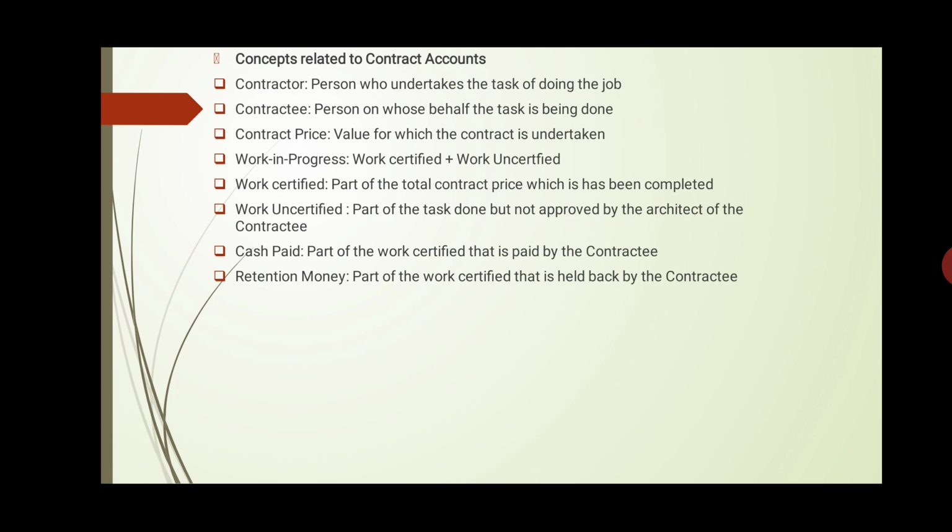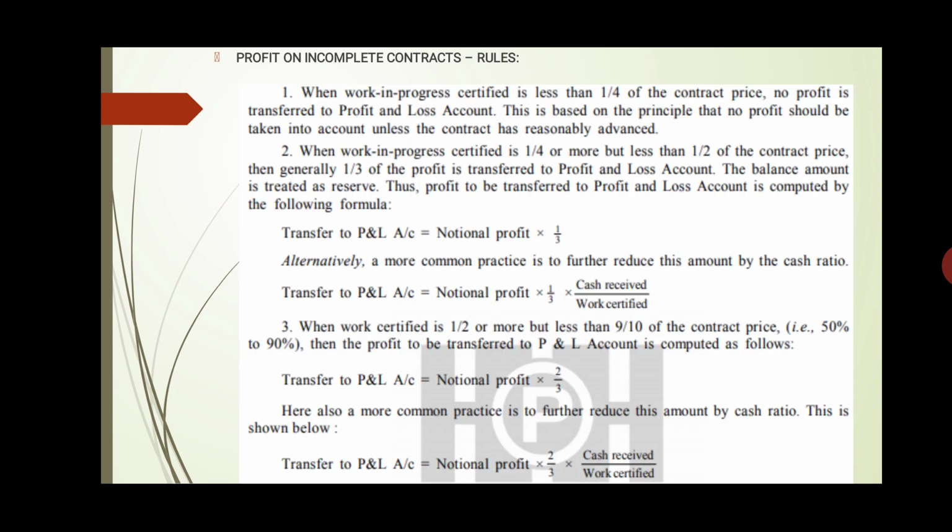Work uncertified is the part of the total contract price which has not been approved by the contractee's architect. Cash paid means part of the work certified that is paid by the contractee. Retention money is the part of the work certified that is held by the contractee. All these will be taken up with the help of illustrations to get a much clearer understanding.